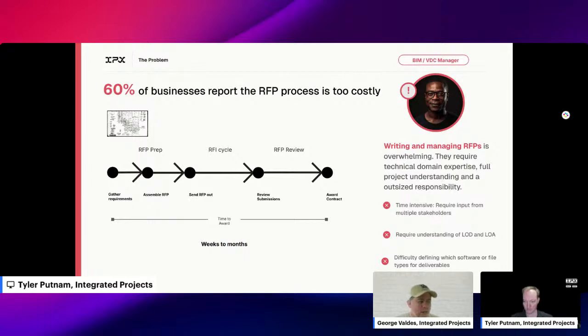Ultimately you end up, hopefully, aligning the proposals you receive with some form of criteria, and we'll talk a little more about that. And in that review process, ultimately you end up awarding a contract. In that there might be some negotiation, etc. But that whole time from beginning to end is a very lengthy amount of time, and it can go from weeks to months.